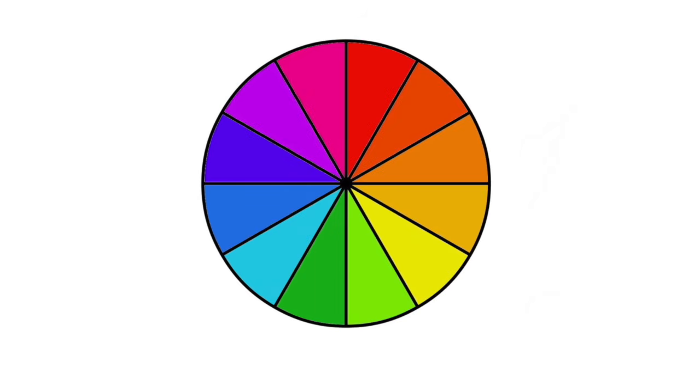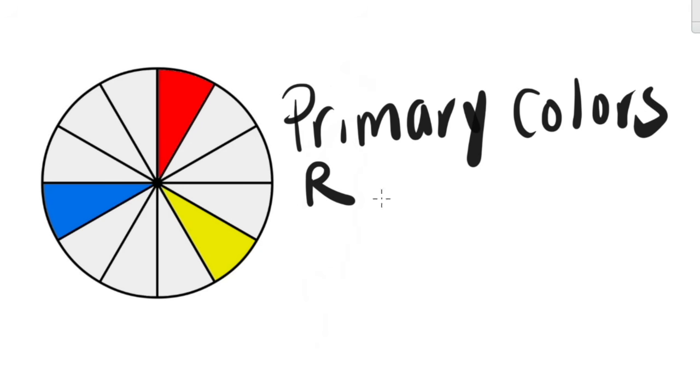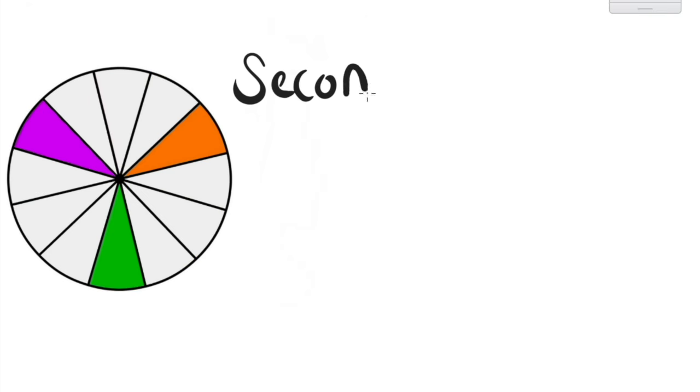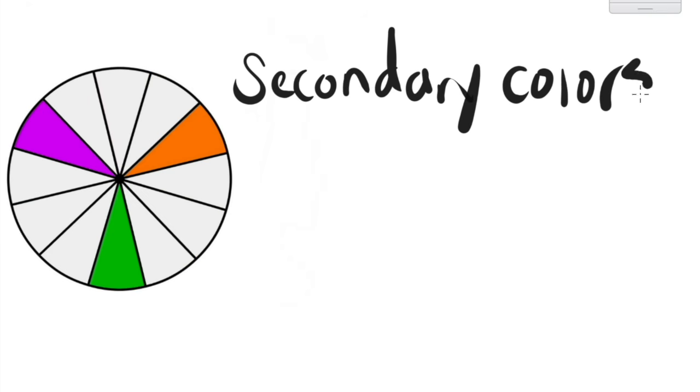A really cool tool that artists use to study color is called the color wheel. Primary colors are the 3 key colors that can be used to make all the other colors. These 3 colors are red, yellow, and blue. From our primary colors, we can make the secondary colors.